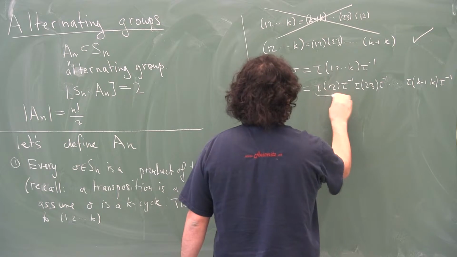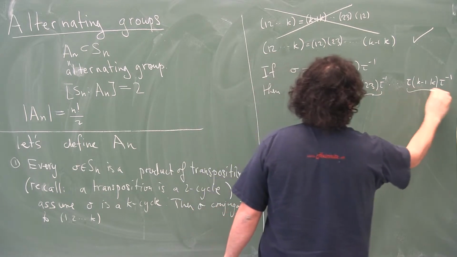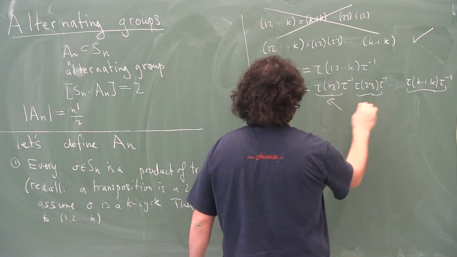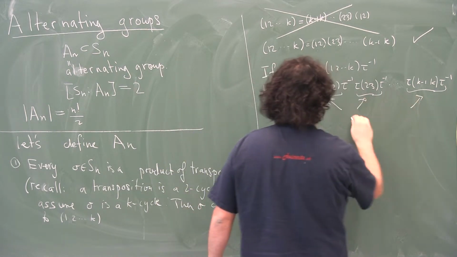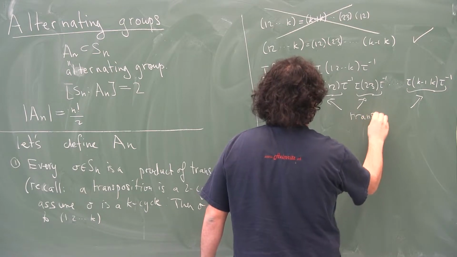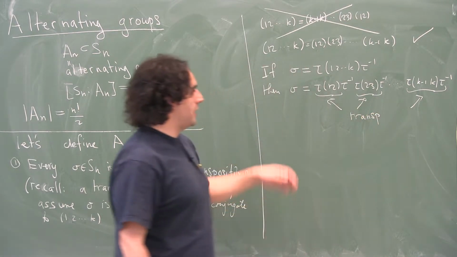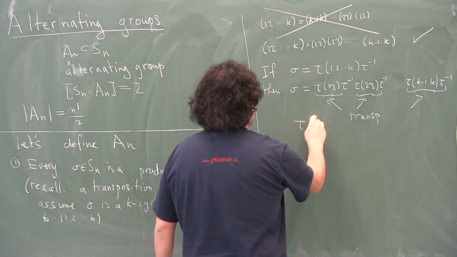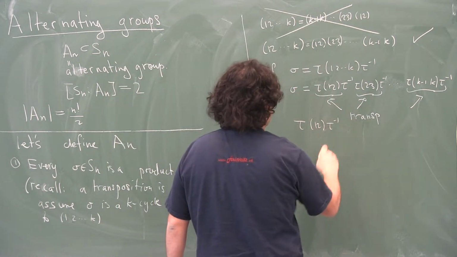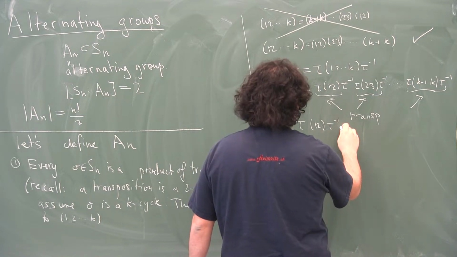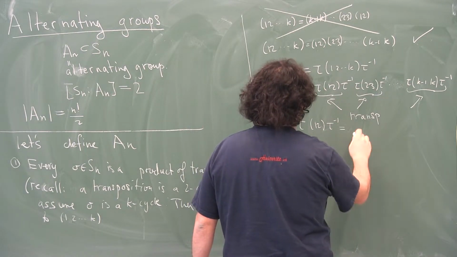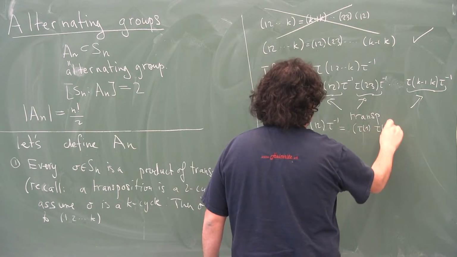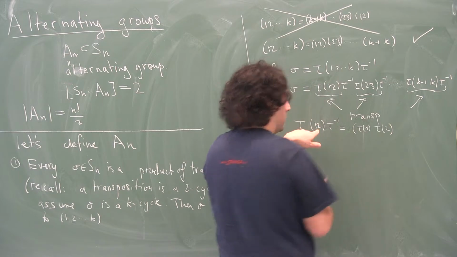And each of these, tau transposition tau inverse, these are transpositions, and in fact we know exactly what they are. Remember that tau (1 2) tau inverse is none other than the transposition (tau of 1, tau of 2). Apply the thing by which you're conjugating inside.